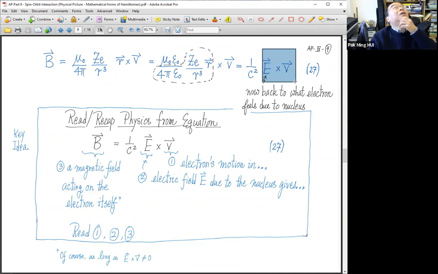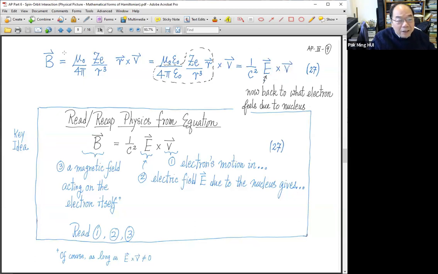Now, for those who are good at special relativity, you started to see actually it's different viewpoints. We started off with E field, and you can regard that there is a B field generated if you are moving in the E field, okay?